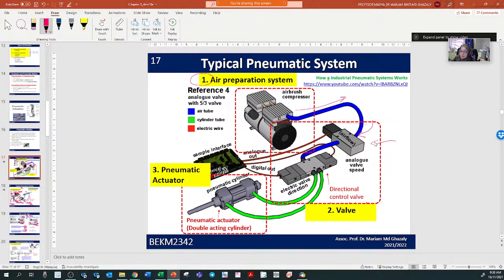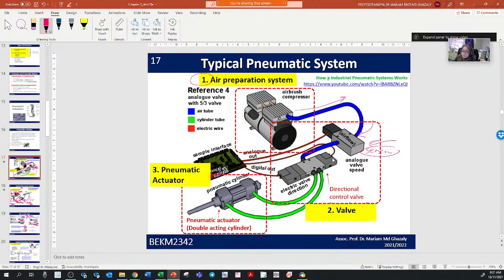Normally we put a sensor before the valve, so the sensor can read the pressure from the air preparation system before it goes into the directional control valve, to control the airflow.